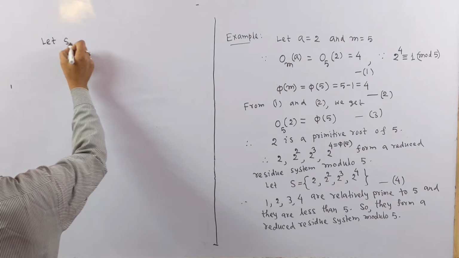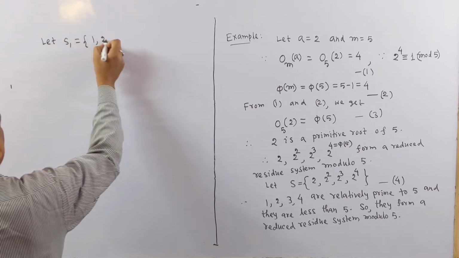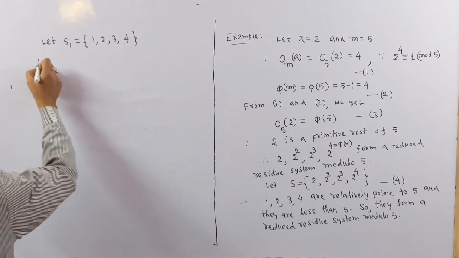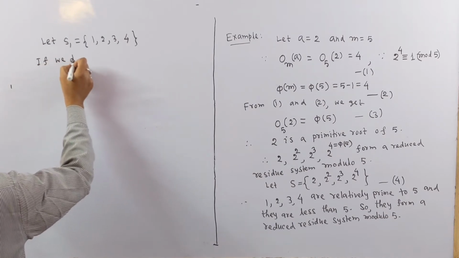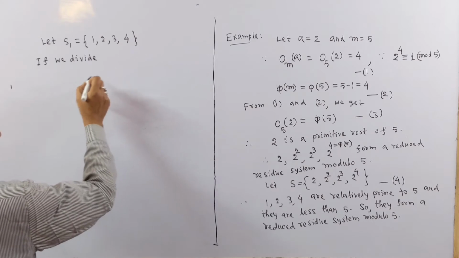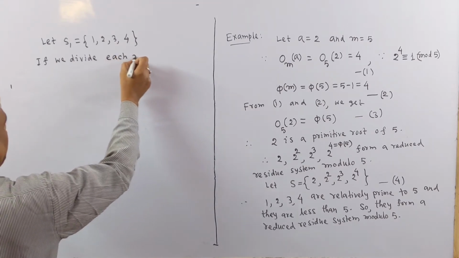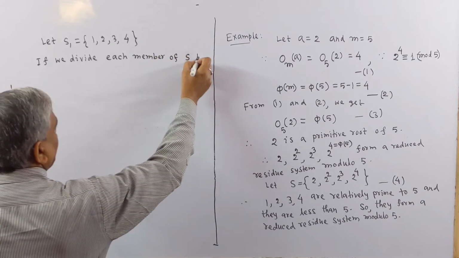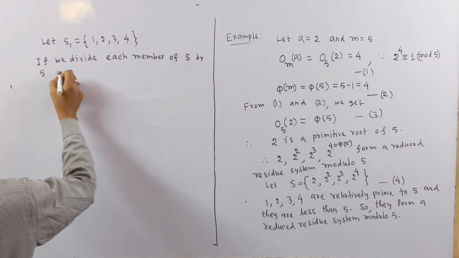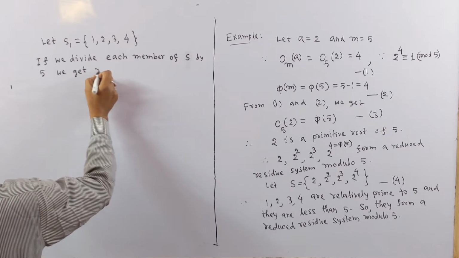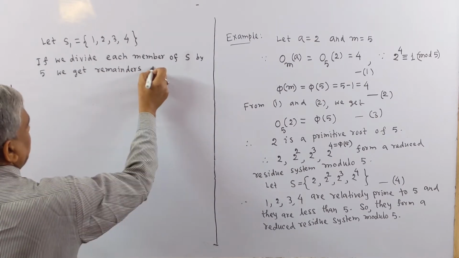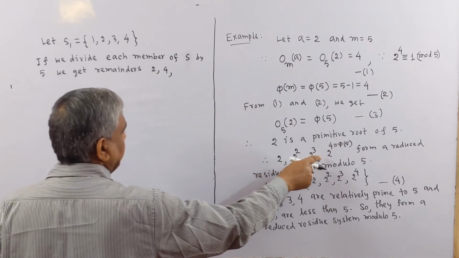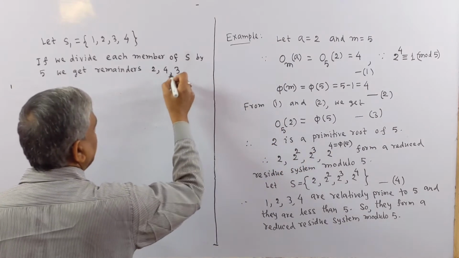Let S1 be a set containing 1, 2, 3, 4. If we divide each member of S by 5, we get remainders 2, 4; this is 8, and if we divide 8 by 5, we get remainder 3.